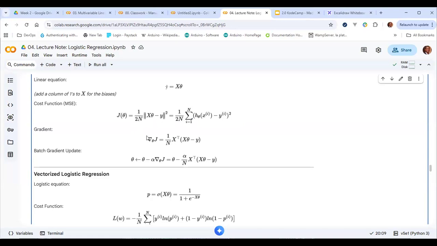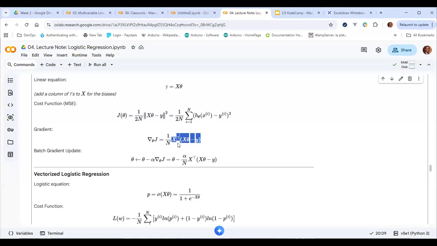The gradient, right? This upside down triangle is basically partial differential, right? But it is used to represent the entire matrix. So again, X theta, which is y hat, the matrix version of y hat, minus y, which is again the matrix or vector version of y.